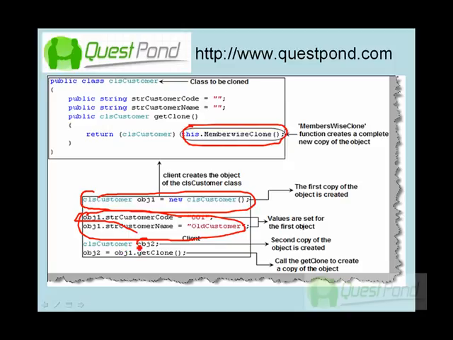Now I create object 2 and I get a complete clone of object 1. If I go and change object 2, it does not affect my object 1. Why? Because now we are talking about a completely decoupled object, an actual Xerox copy of object 1.